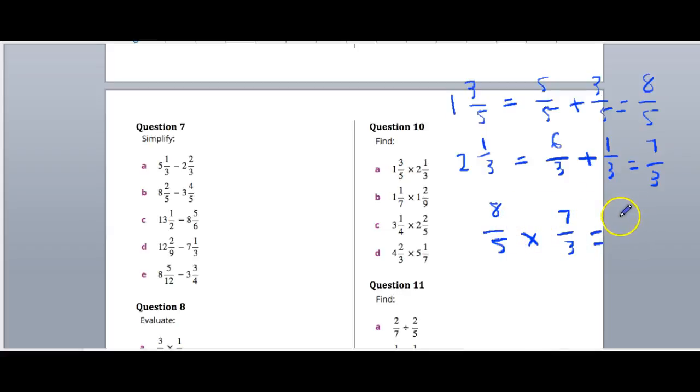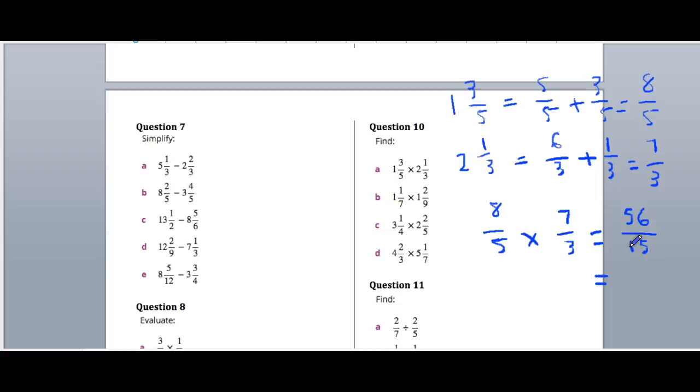8 times 7 is 40. Oops, no, it's not. 56. And then 5 times 3 is 15. Now, you're probably thinking, oh, I don't know my 15 times tables. Just think of a clock. Okay, so there's 60 seconds or 60 minutes on the clock, and they're all separated into quarters, which are 15 minutes.